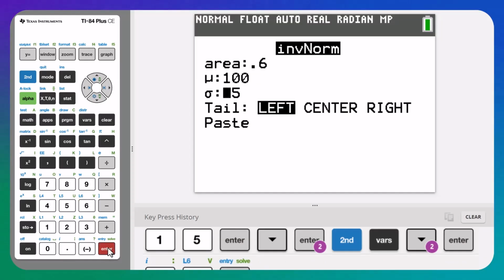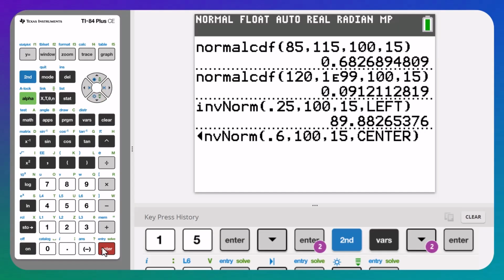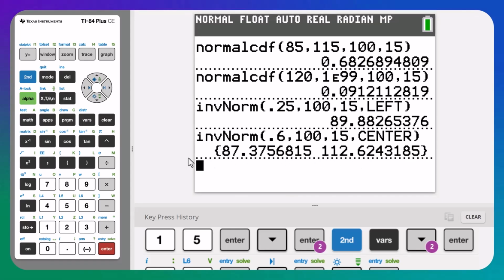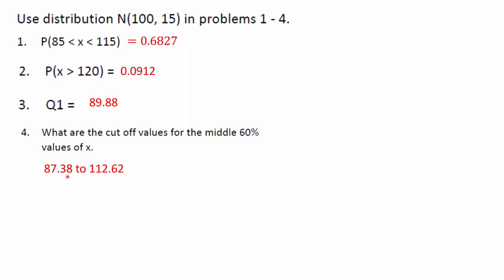But instead of saying left area, I want to say center area. Then I can go down and paste. And there you have 87.38 to 112.62.